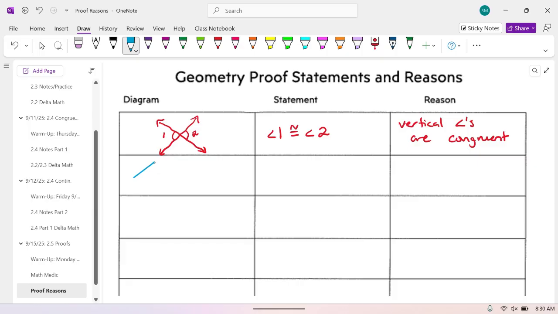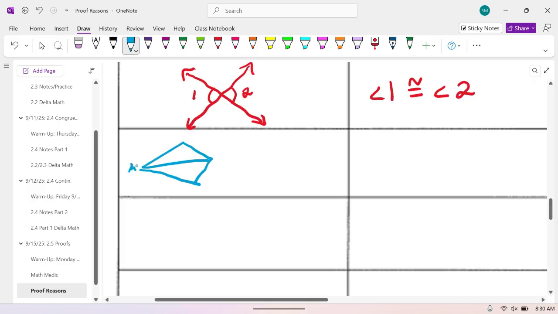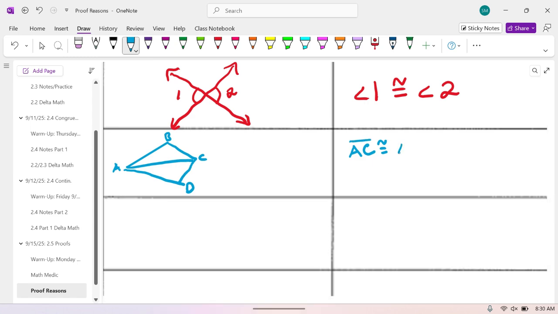Now, let's say I have a triangle like this. I'll call it A, B, C, D. And I'm going to say that AC is congruent to AC, or we can state it as AC is congruent to CA.